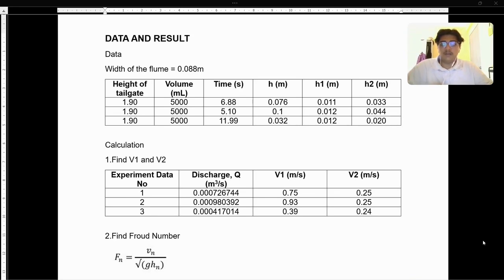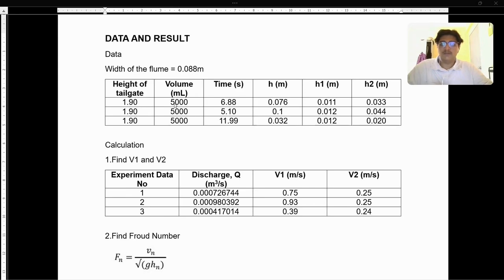Now I will explain the data and results. The data that we measure: width of the flume, 0.088 meter, height of tailgate, volume, time, H, H1 and H2. The tailgate height that we get is 1.9 meter.